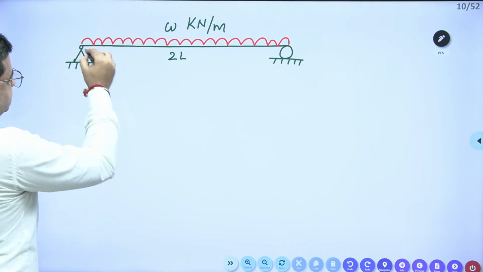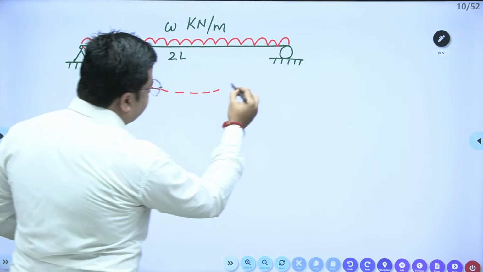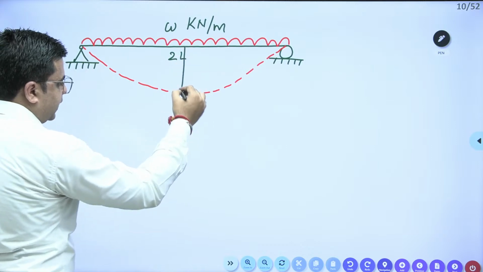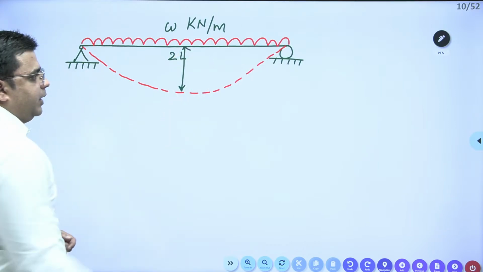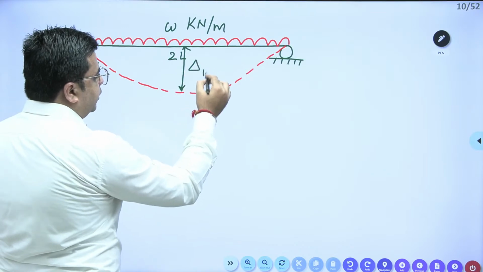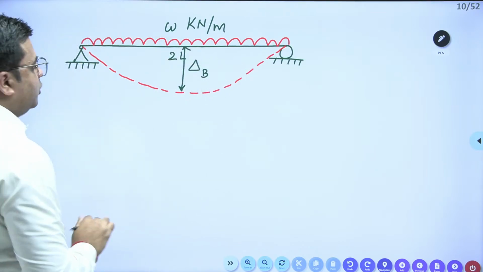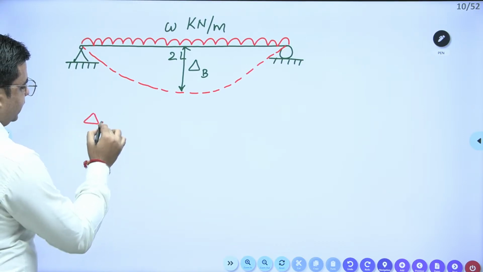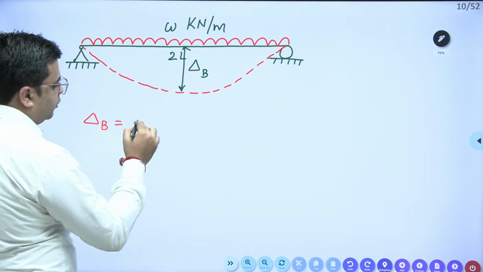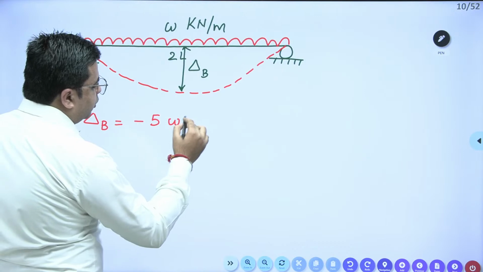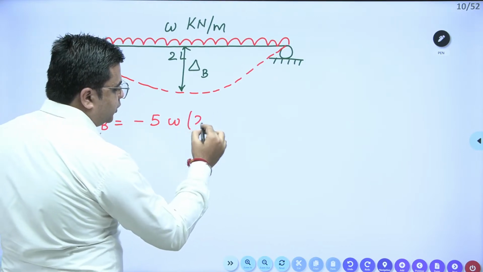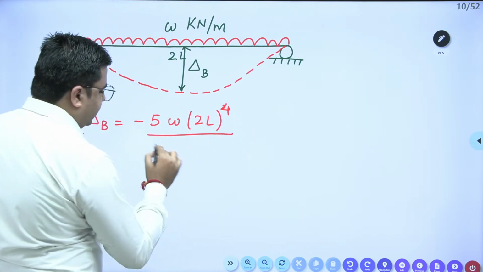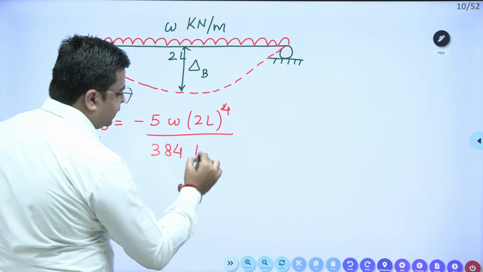Now, when this beam is going to deflect like this, you need to know the standard result of the maximum deflection that is occurring at that central point, or at the point of RB. This is delta B due to this load W. Due to this load W, the central deflection delta B should be equal to, since it is downward, 5 W into total length 2L raised to the power 4, divided by 384 EI.